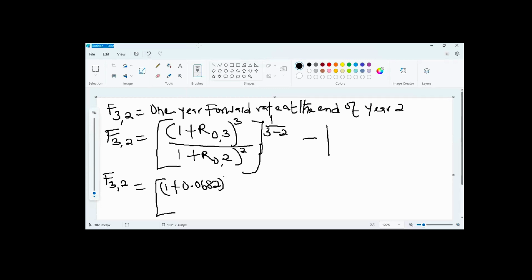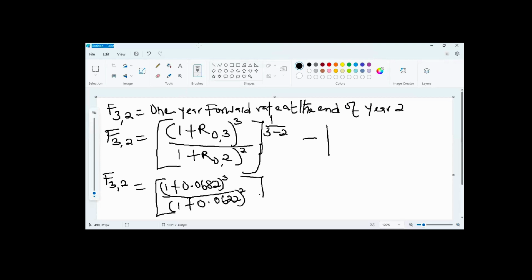This is raised to power 3, divided by 1 plus spot rate at the end of year 2, 0.0622 raised to power 2.